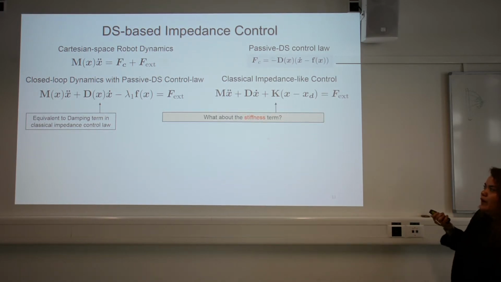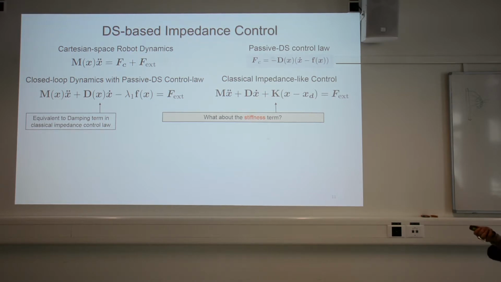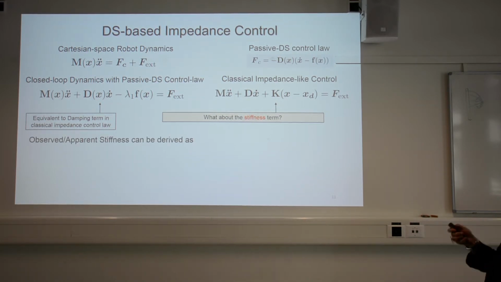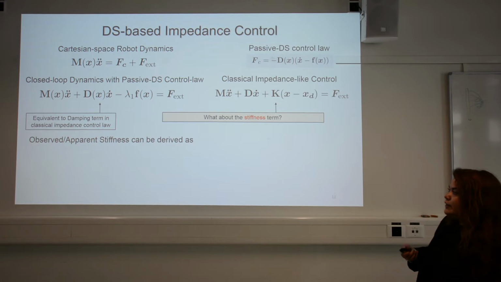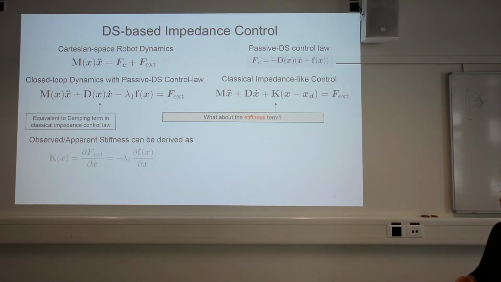However, what about the stiffness? What happens with stiffness here, because we don't really see it? There's no parameter called stiffness anywhere in our closed loop dynamics. The stiffness is a nonlinear term that's state dependent, and it depends not only on the state but on the dynamical system itself. But we can derive it.